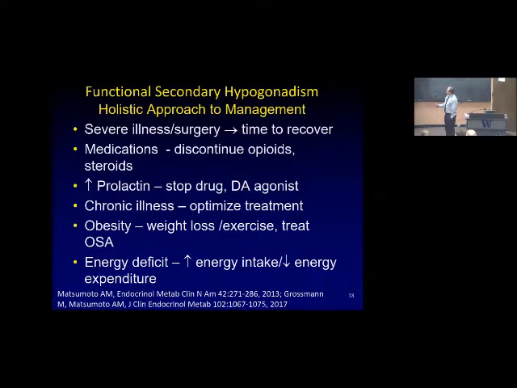Maybe wait until they've recovered from surgery, try to discontinue opioids or glucocorticoids, try to encourage weight loss and exercise. And in fact, what I would submit is this is a great opportunity to instruct patients that come in with low testosterone that maybe their low testosterone is likely due to the long-acting morphine sulfate that they're taking for chronic pain, or maybe it's because they're obese.